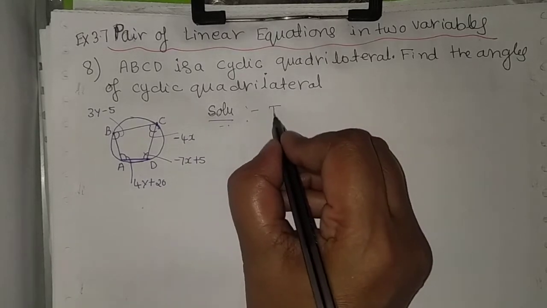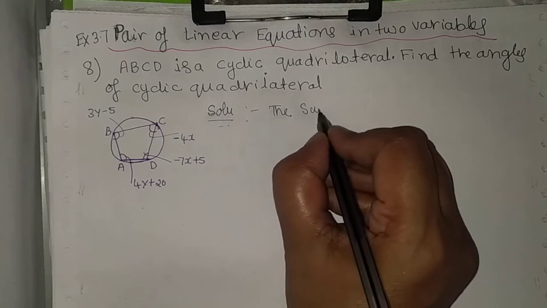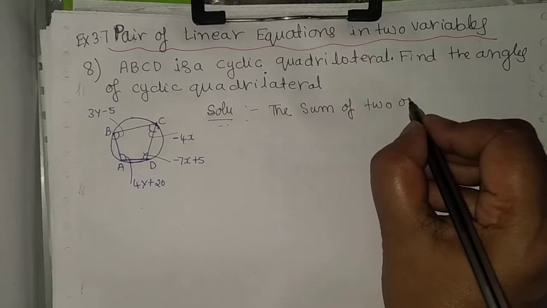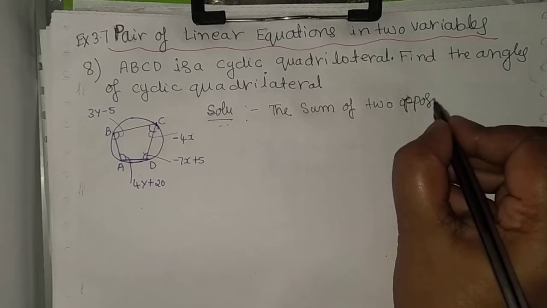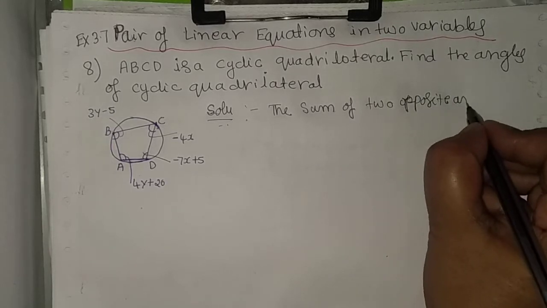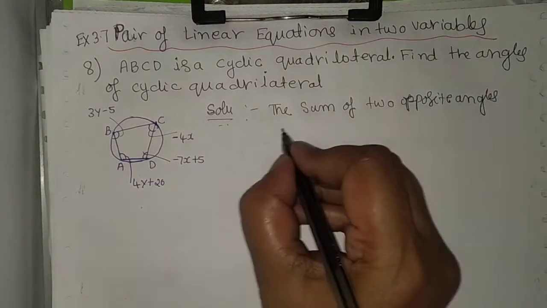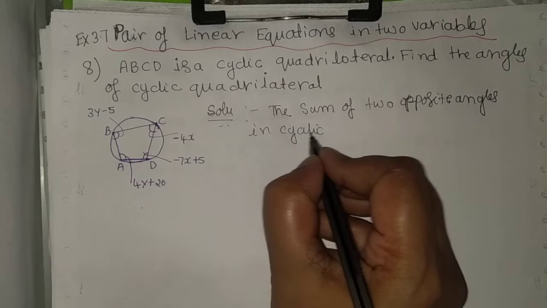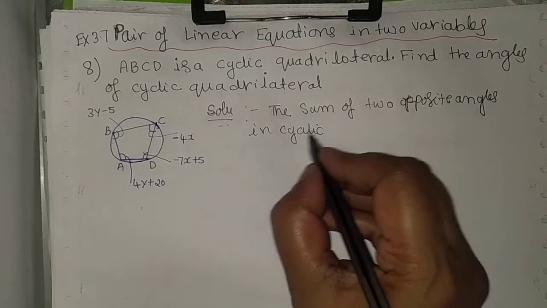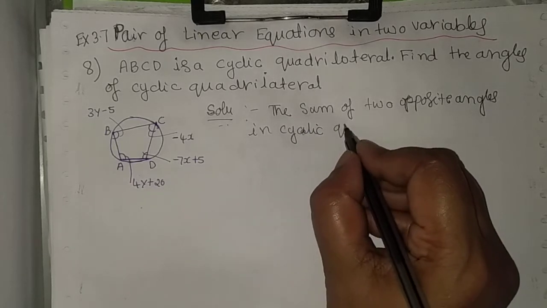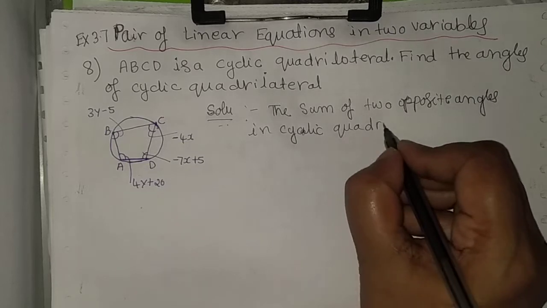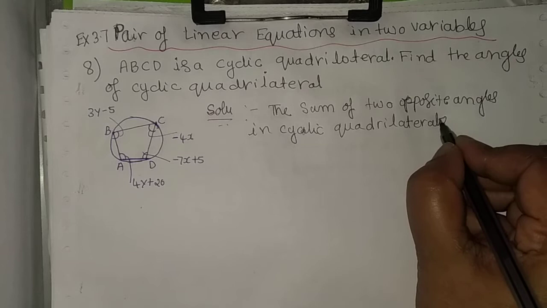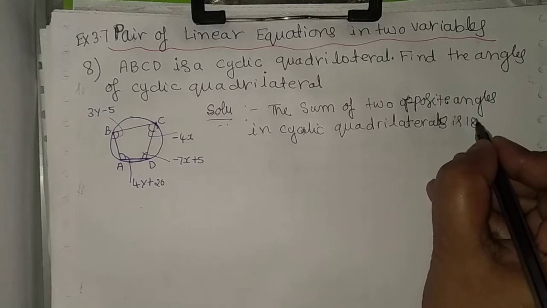The sum of the two opposite angles in cyclic quadrilaterals will be equal to 180 degrees.